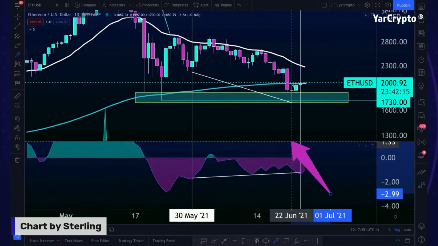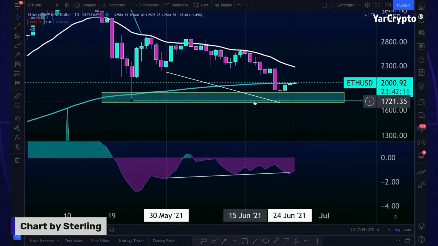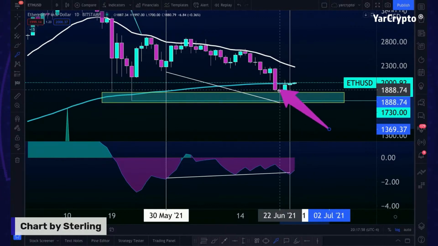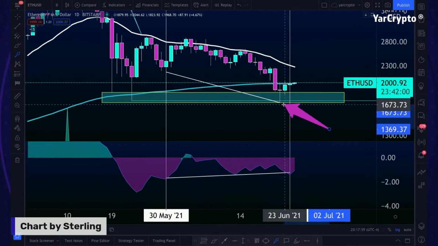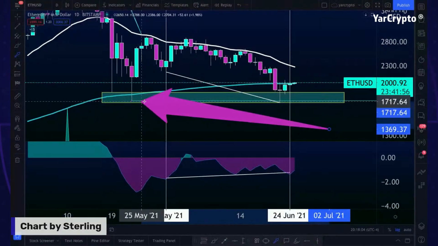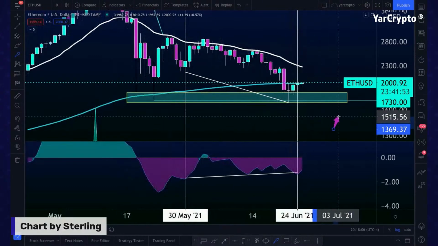And as you could see, this bounce right here that we got off of this local support level, which is indicated by this green rectangle on my screen, is at the same level that we actually bounced on May 23rd. And it's looking like a double bottom price structure forming.